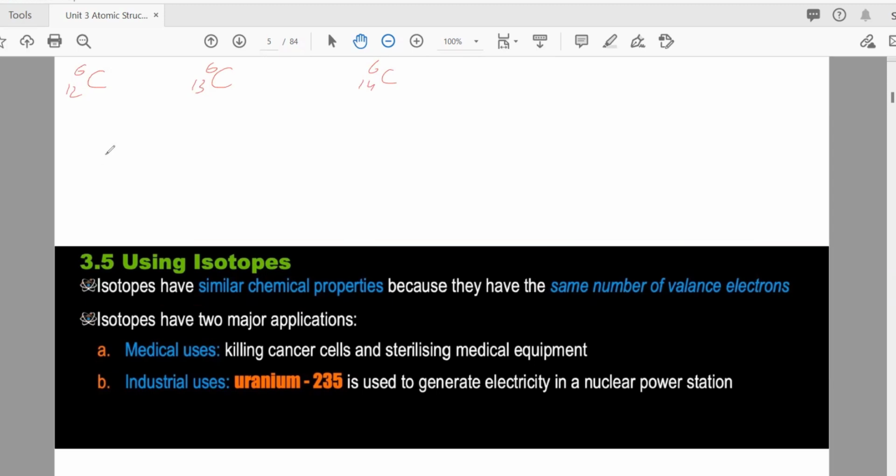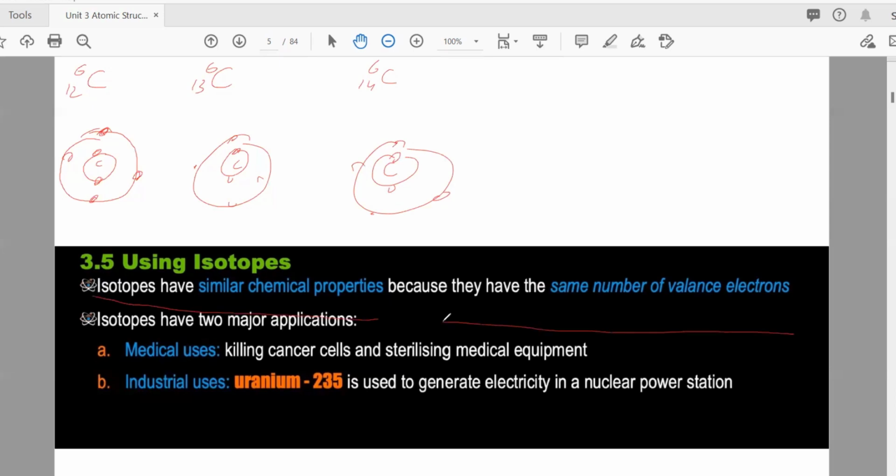If I draw the structure, how many electrons? 6. So first 2, other 4. The same here, 2 and 4. So isotopes have the same chemical properties because they have the same number of valence electrons. How many valence electrons here? 4. And here? 4. Valence electrons means the number of electrons in the last shell.